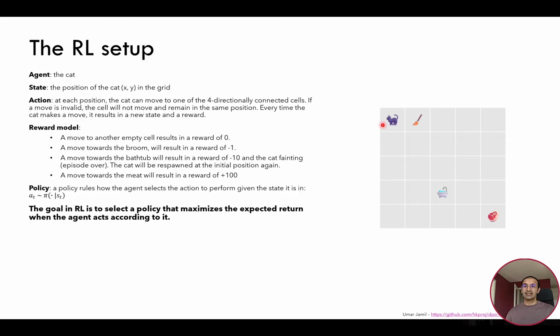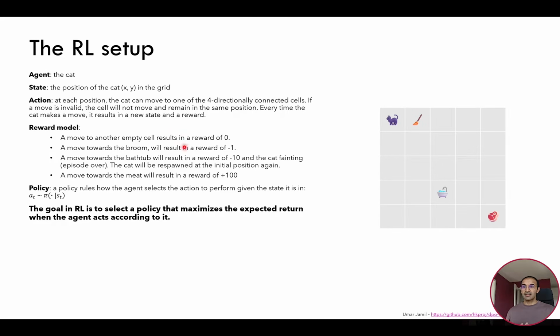In the case of the cat, it can go right, left, up, or down. For every action that the agent takes, it will receive some reward from the environment. It will for sure change its state to a new one. So, for example, when the cat moves down, it will change to a new state, to a new position, and it will receive some reward according to a reward model that we specify.